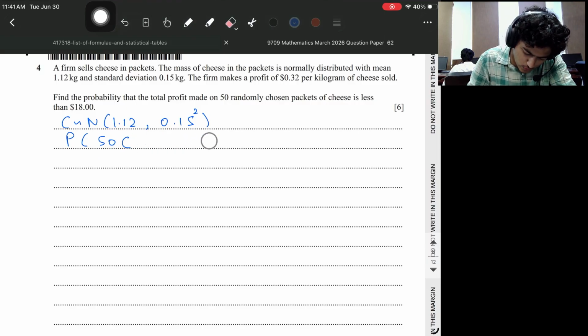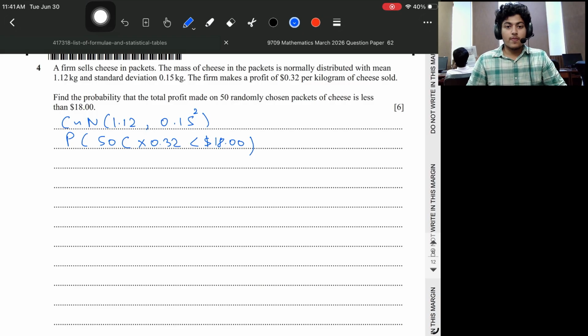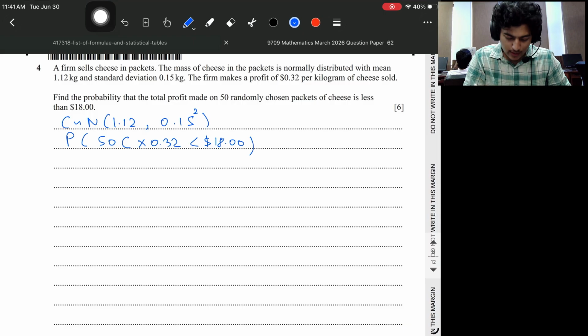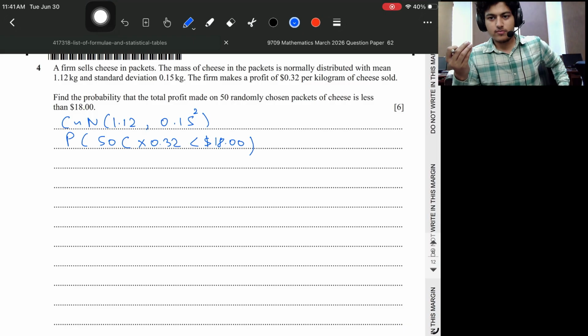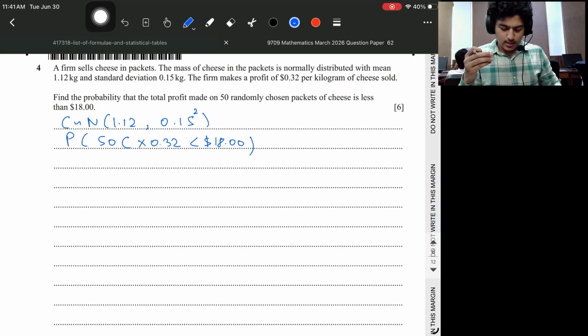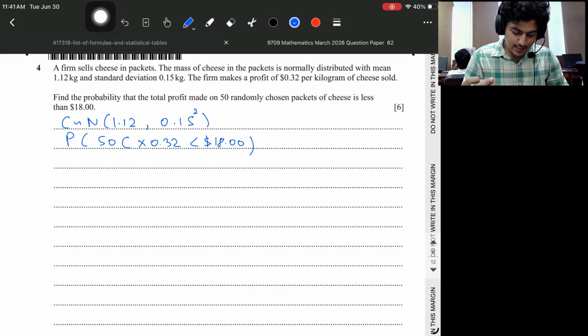To factor in for that, we know that per kilogram they make $0.32, so this should be less than $18, right? Usually calculating the expected value is of no issue, but the main issue comes with the variance, whether we need to square some values or not, and that's what we'll make sure here.